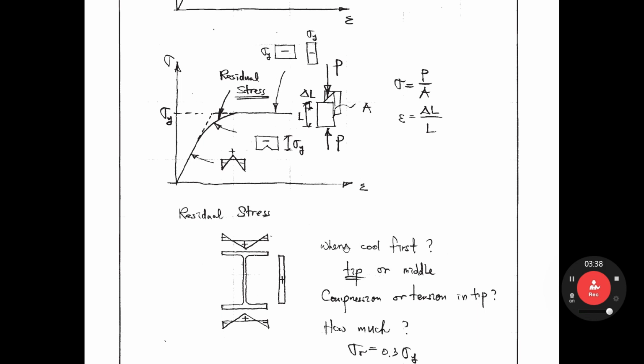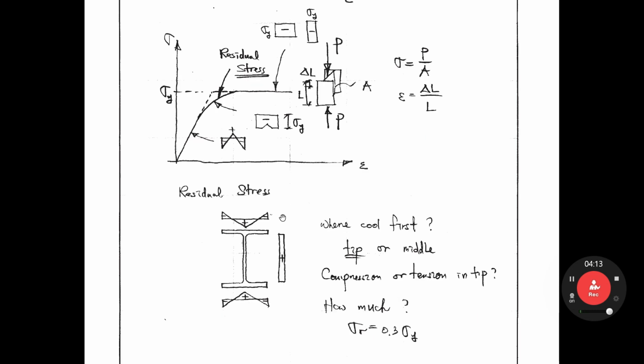Because the cooling speed of each part is different. This tip part cools first, later this middle part cools. So this tip part has compressive residual stresses due to the different cooling speed. The biggest of these residual stresses is about 30% of sigma y.